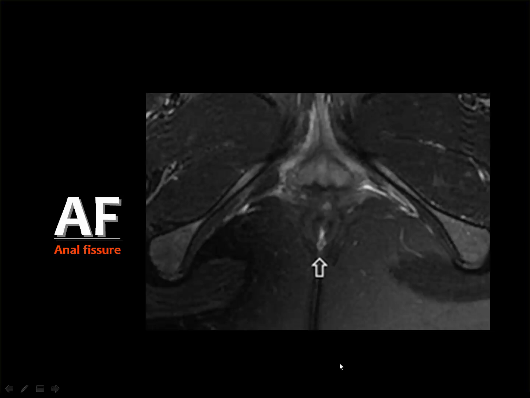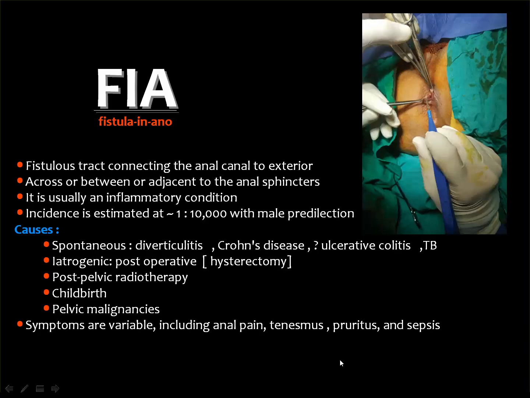the internal anal sphincter. Now we came to an important issue in this area, which is the anal fistula, or fistula in ano. Fistula means that there is an internal opening within the anal canal and an external opening at the skin in the perianal area.